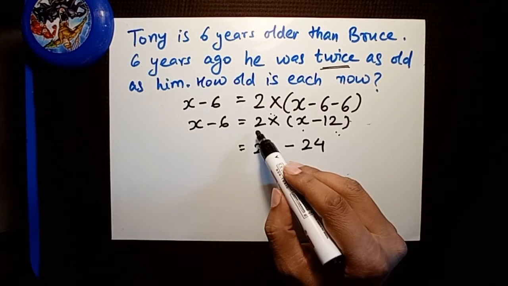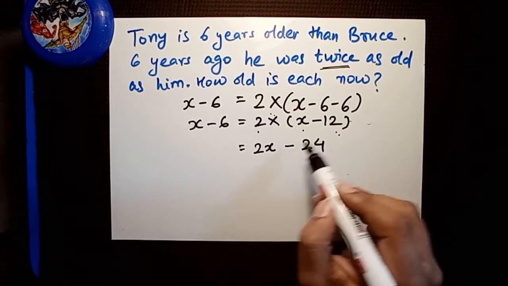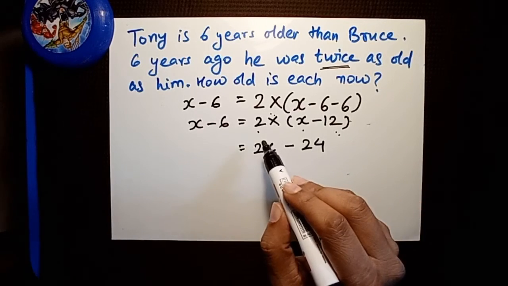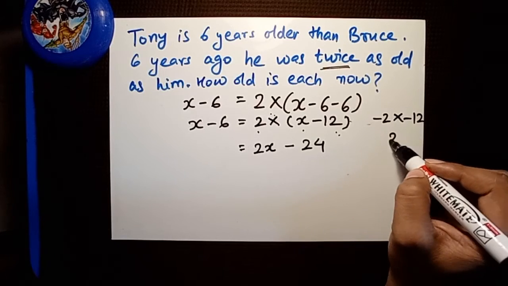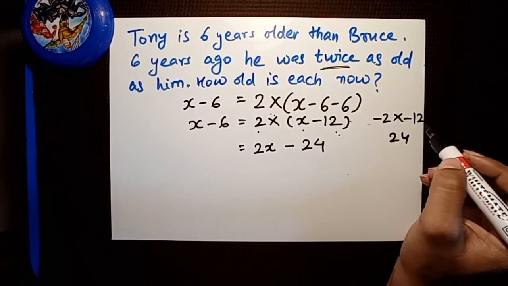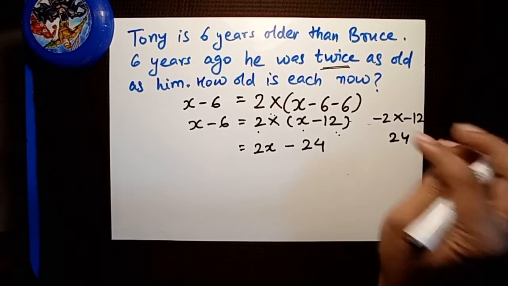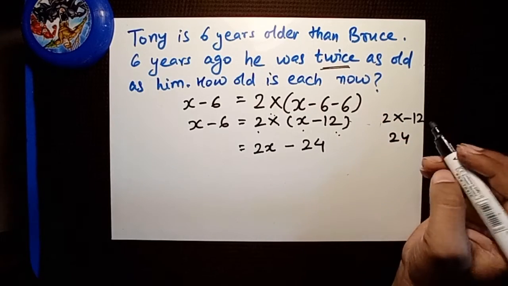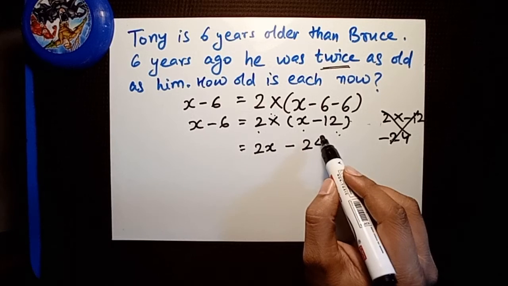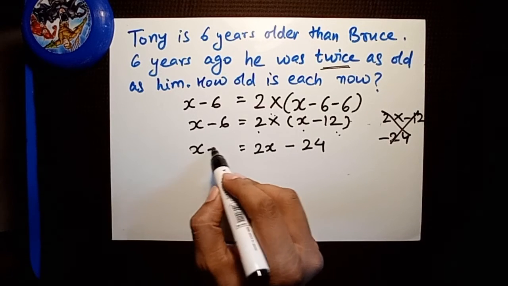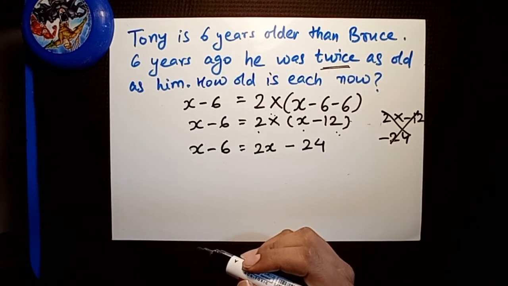When you multiply a positive number with a negative number, it remains negative. When you multiply a negative number with a negative number, it becomes positive. So minus 2 multiplied by minus 12 is 24, but 2 multiplied by minus 12 is minus 24. So this is on the right hand side. Here it continues to be x minus 6.